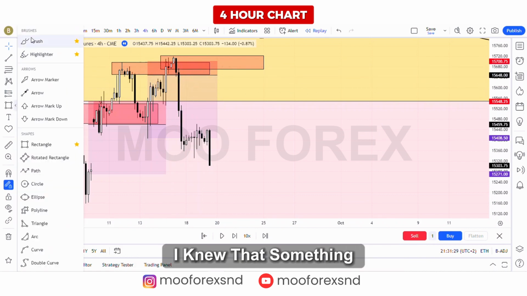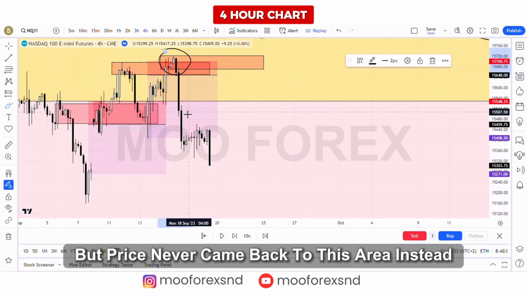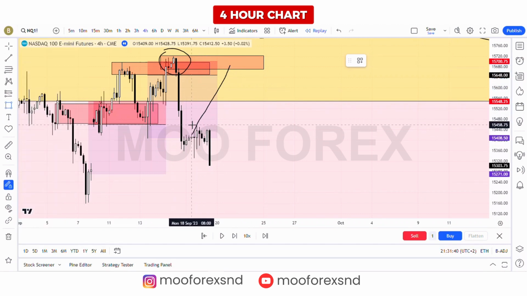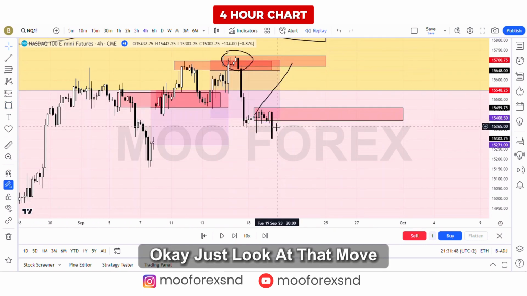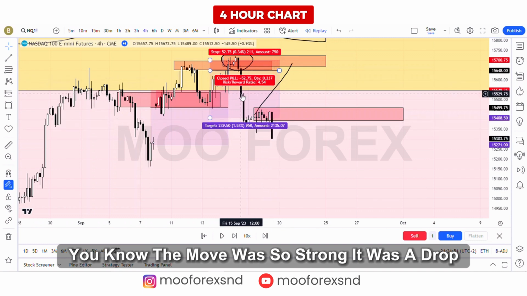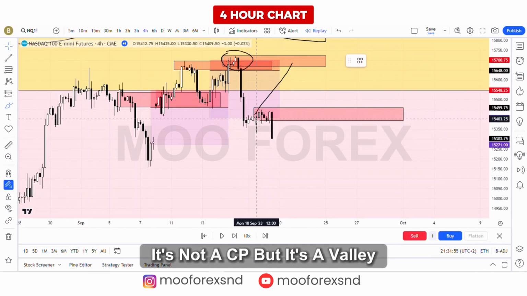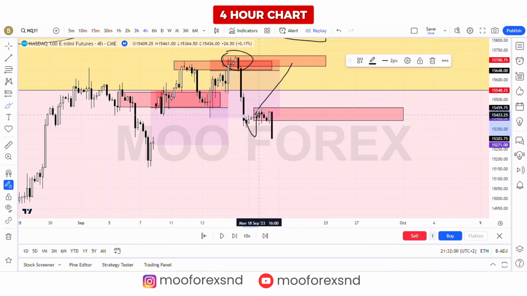I knew that Nasdaq was going to do something like that, but price never came back to this area. Instead, price actually made a new imbalance just right here. Just look at the move. The move was so strong. It was a drop, then it's kind of tricky, it's not a CP, but we had a peak right here.